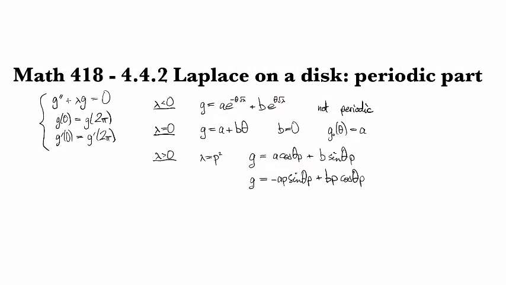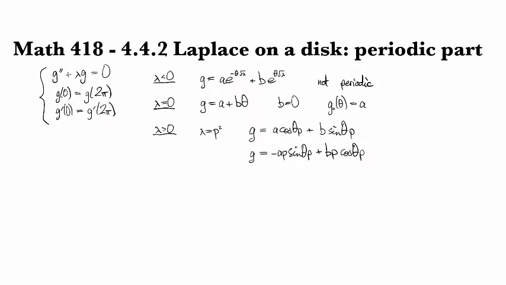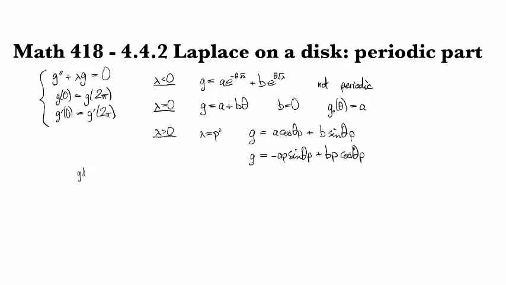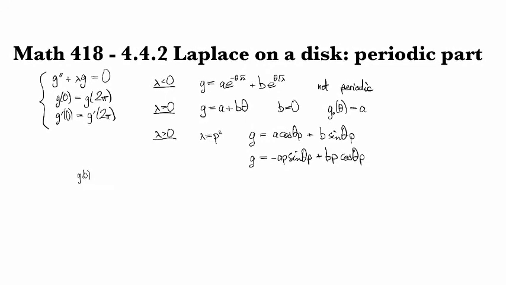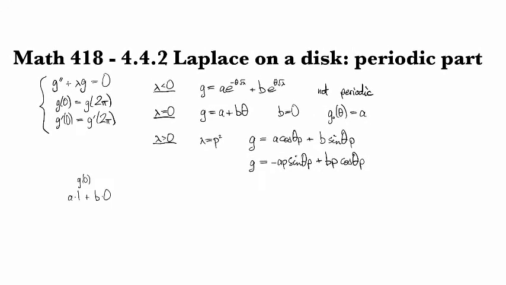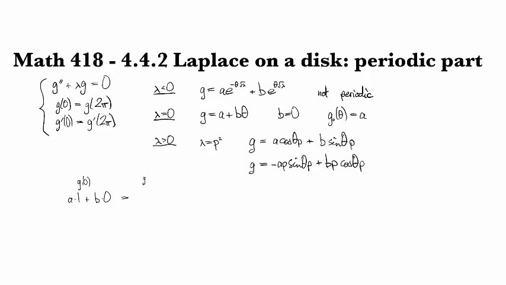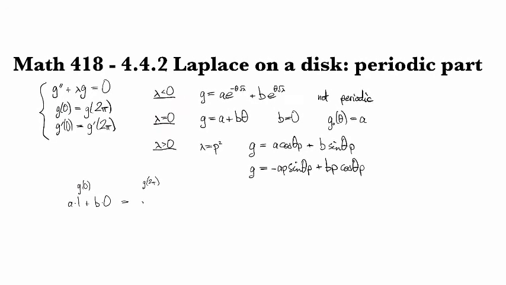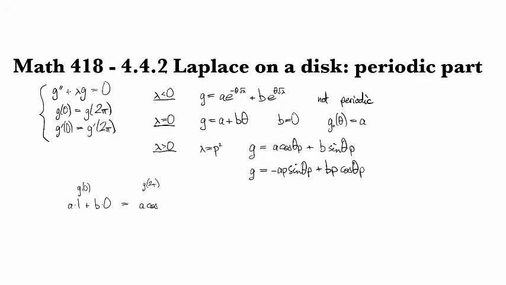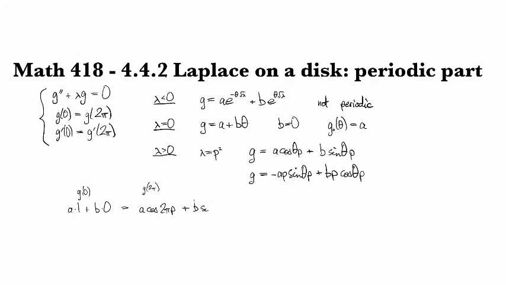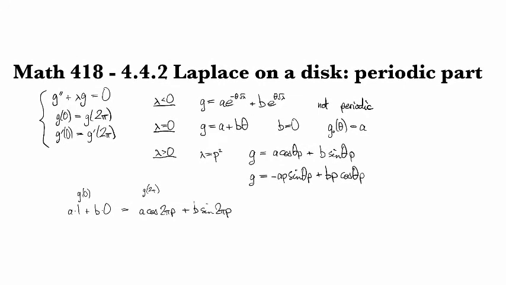Evaluating the boundary conditions, g of 0 gives a times 1 plus b times 0, and g of 2 pi gives a cosine 2 pi p plus b sine 2 pi p.